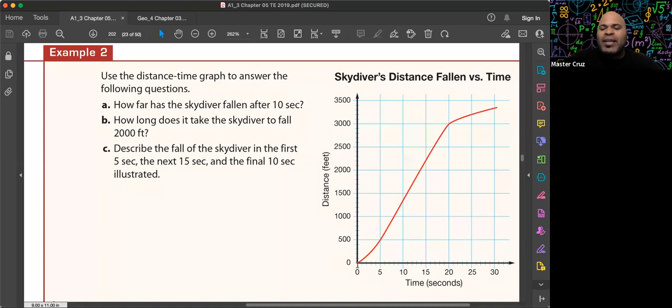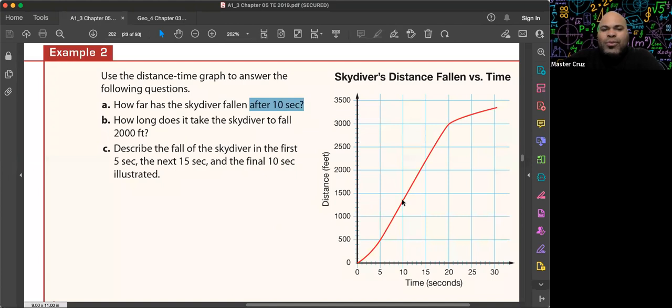Well, the way I find that is, they want how far, right? First, I have to figure out what they want. They want how far, and how far sounds like distance. So they want a y value. If they want a y value, they have to give me the x value, and the x value is 10 seconds. So on the x-axis, I'm going to find 10 seconds, and I'm going to go up until I find wherever this line crosses, or where is 10, right?